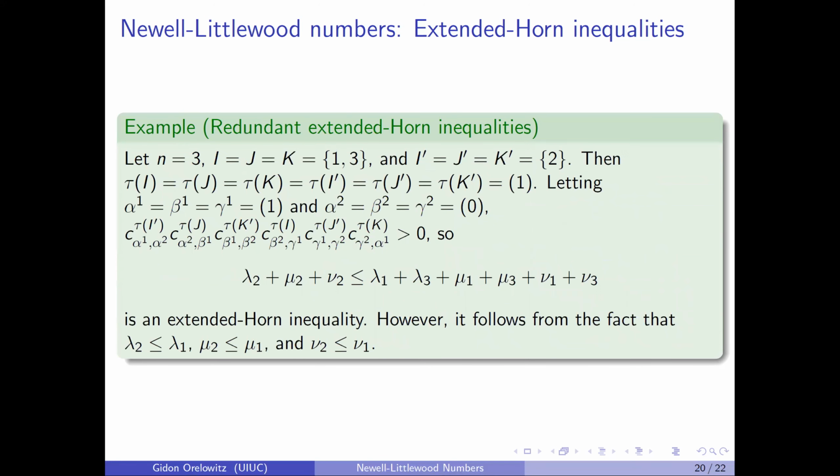is redundancies. So if you want to just do a problem on your own time, you can convince yourself by going through the rules that this inequality over here is an extended Horn inequality. It checks off all the boxes, but lambda, mu, and nu are partitions. So lambda 2 is always going to be less than or equal to lambda 1. Mu 2 is always less than or equal to mu 1. Nu 2 is always less than or equal to nu 1. So even ignoring the lambda 3, mu 3, and nu 3, this is already a redundancy with some extra stuff tacked on.